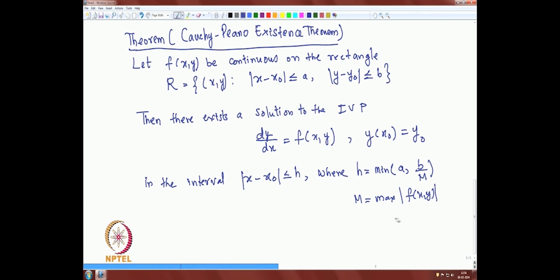So, for all (x, y) in the rectangle, if M is the maximum of it, then there exists a solution in the interval starting from the point (x0, y0). Let us quickly see the proof of it by using the ideas from the previous theorem.